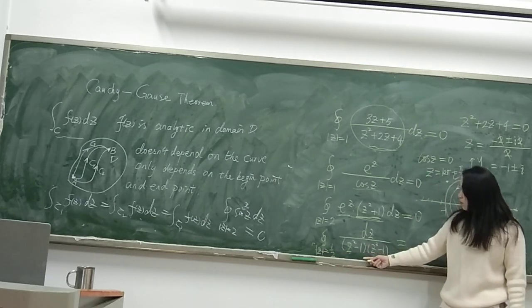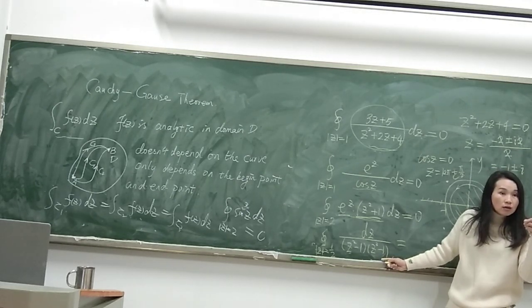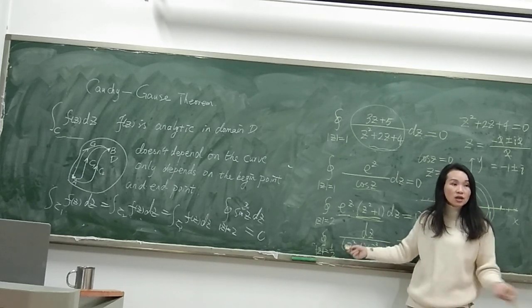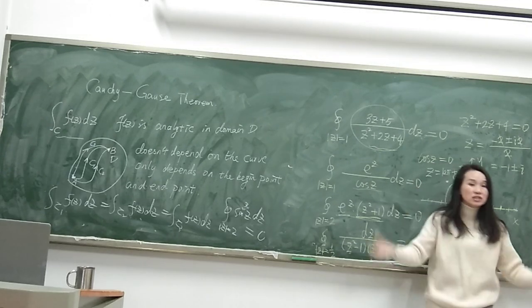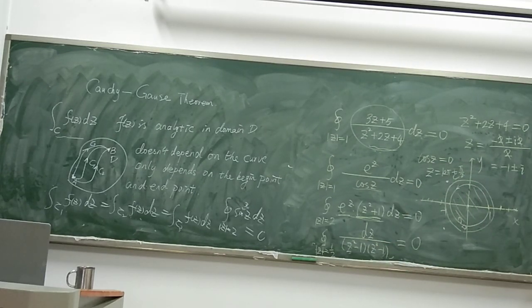But if this equals 0, the modulus is 1. So 1 is more than 1/2. So all these points are not inside, but outside. So it's also 0. Can you understand it?